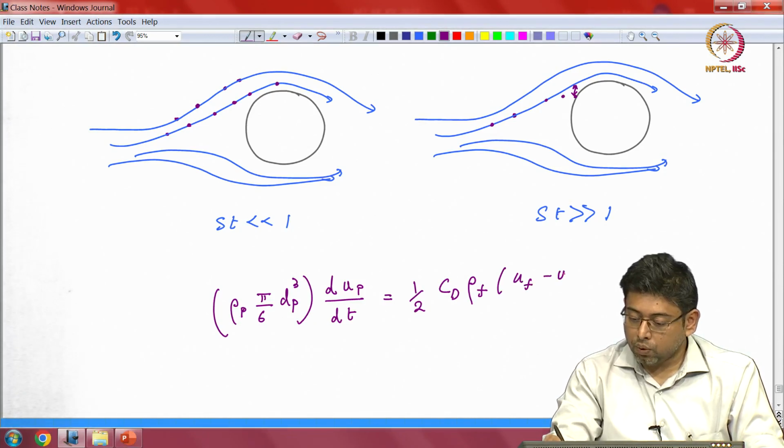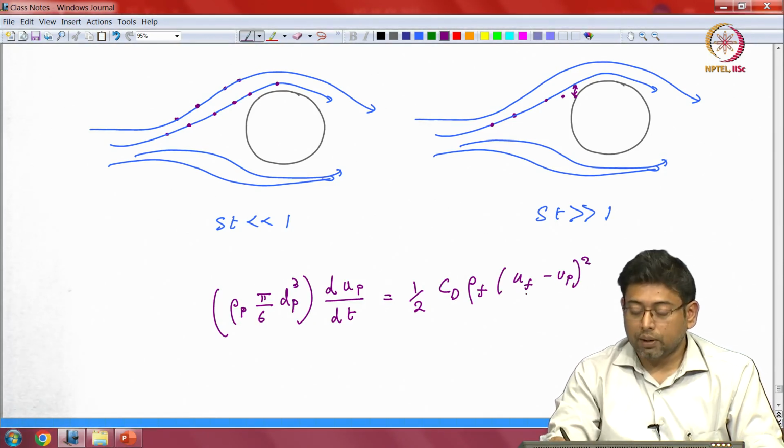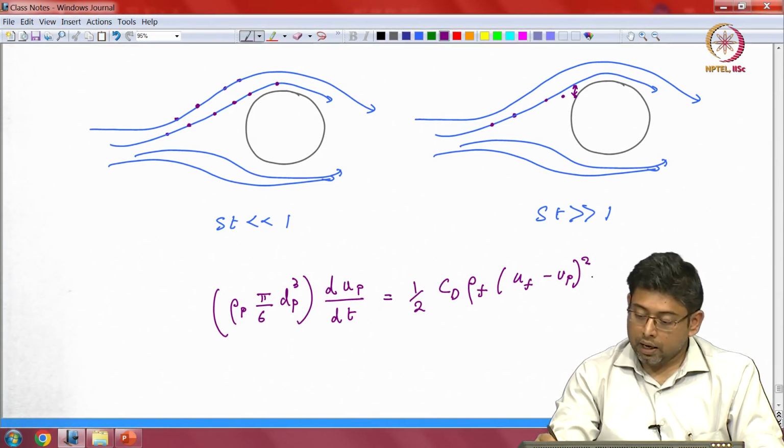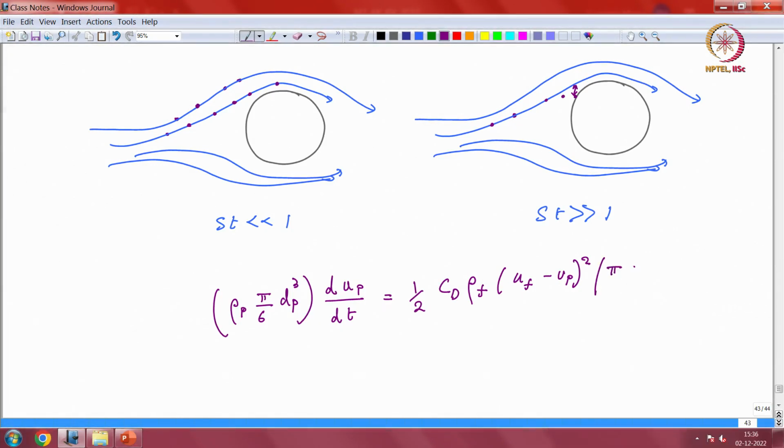Then (U_f minus U_p) squared, where U subscript f is the velocity of the fluid, U subscript p is the velocity of the particle, and this multiplied by the exposed area, which for a sphere is pi d square by 4, right. Hopefully all the quantities here are well understood, and just to repeat one more time, dp is the particle diameter, rho p is the particle density, rho f is the fluid density, and similarly for the fluid quantities here.